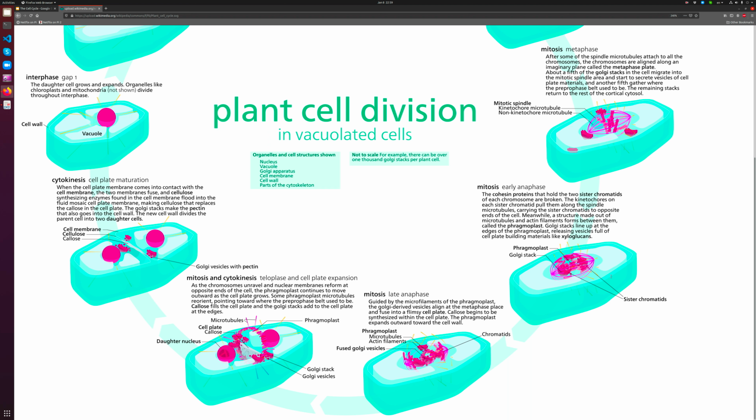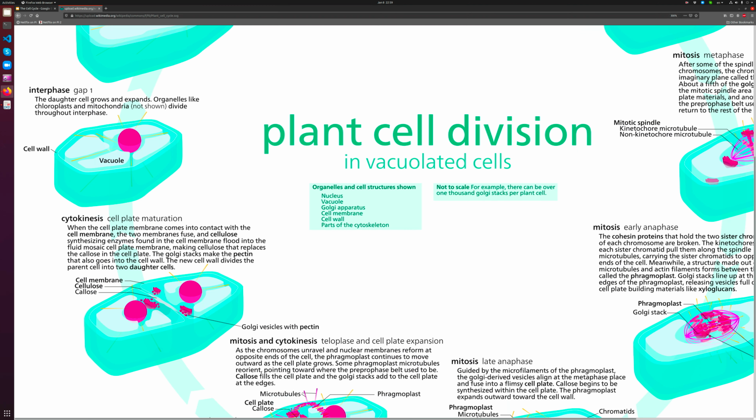The kinetochores on each sister chromatid pull them along the spindle microtubules, carrying the sister chromatids to opposite ends of the cell. Meanwhile, a structure made out of microtubules and actin filaments forms between them, called the phragmoplast. Golgi stacks line up at the edge of the phragmoplast, releasing vesicles full of cell plate building materials called cytoglucans.